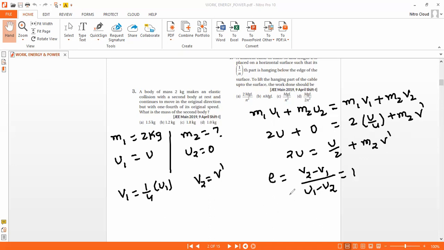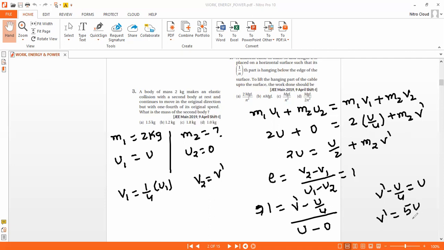So I can write 1 is equal to V2, the final velocity of the second body, that is V dash, minus the final velocity of the first body, U by 4, divided by the initial velocity of the first body U, minus the initial velocity of the second body, 0. So V dash minus U by 4 is equal to U. So V dash equals 5U by 4.